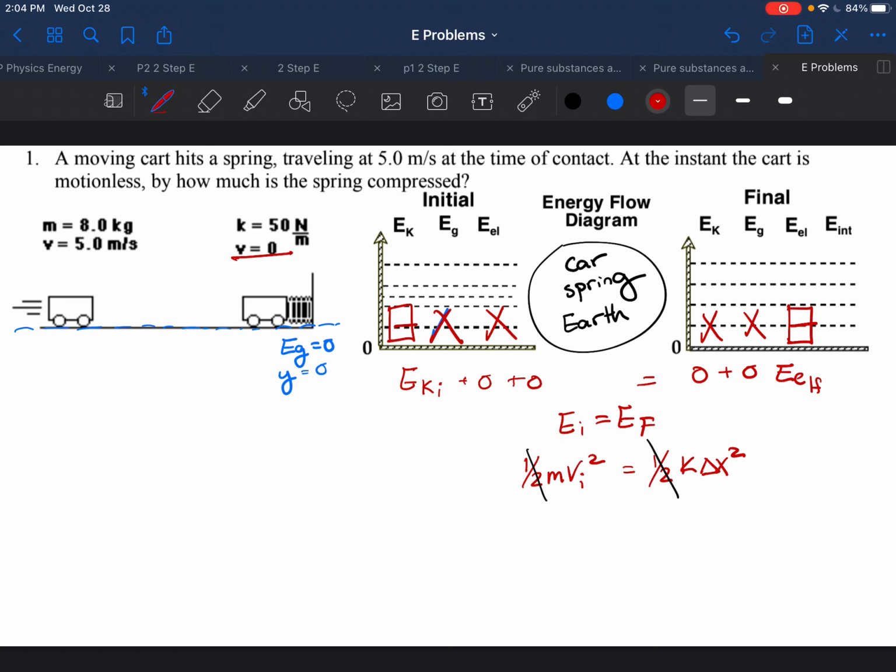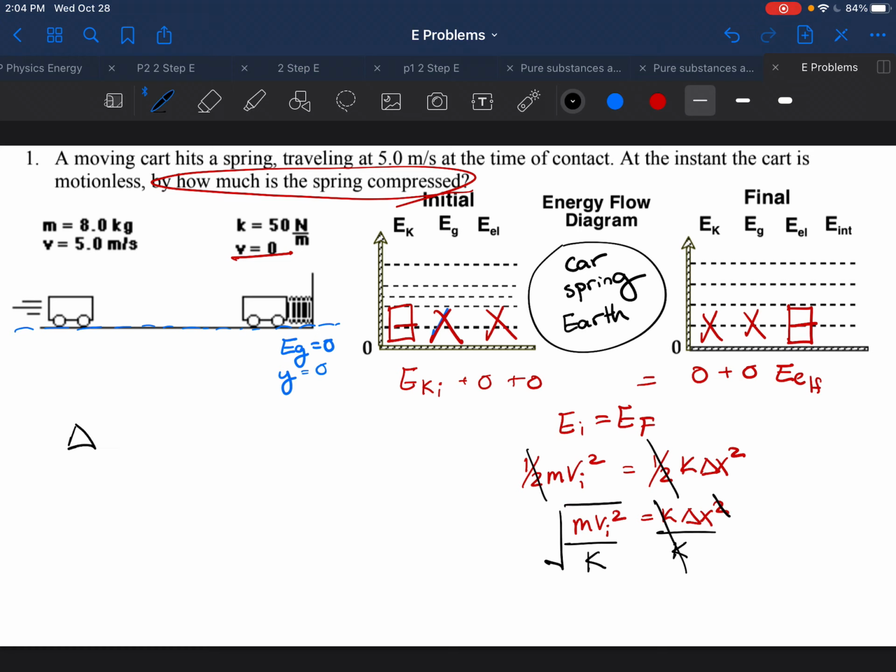And I'm being asked for by how much the spring is compressed. That's asking for delta x. So we've got mv initial squared equals k delta x squared. I'm going to divide both sides by k, and then take the square root.